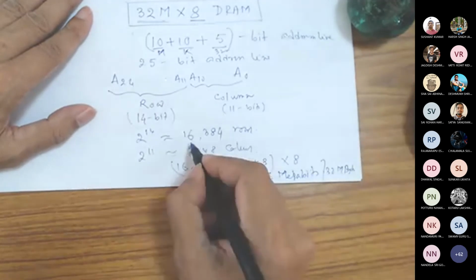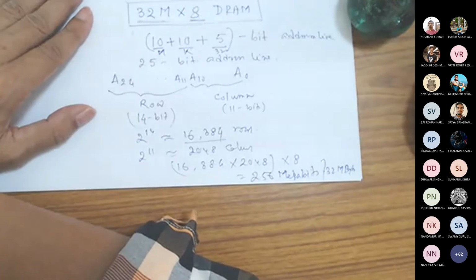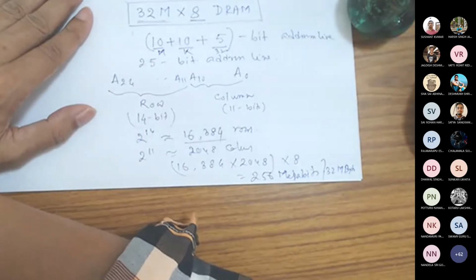The 16,384 cells in each row are divided into 2048 groups of 8. So it basically forms 2048 bytes of data. Therefore 14 address bits are needed to select a row, and another 11 bits are needed to specify a group of 8 bits, or byte, in the selected row.